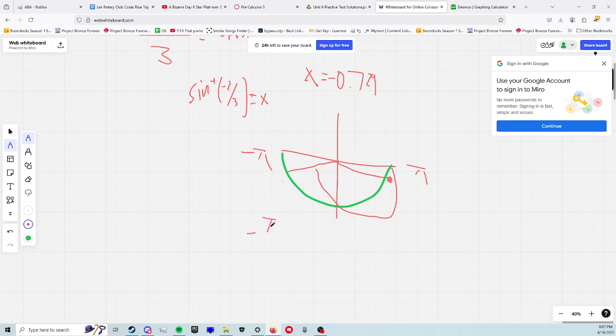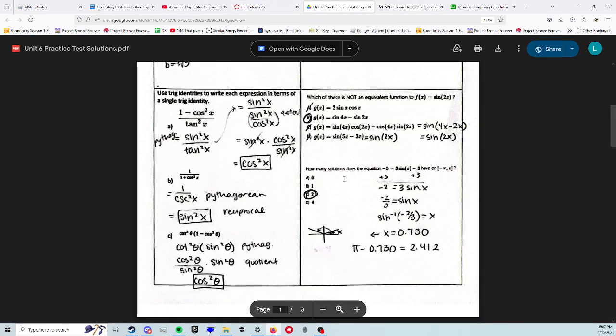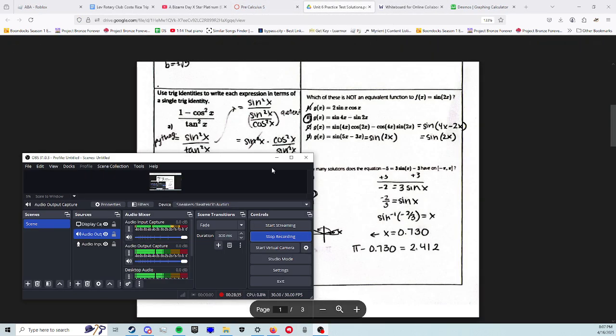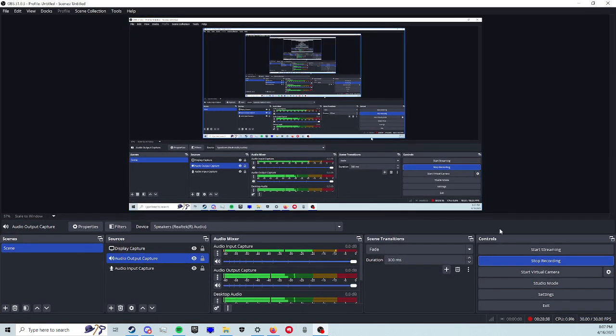So it'd be negative pi minus negative 0.729, or 7.3, whatever you want to abbreviate it to, and then that's how you solve it. But we know there are 2 answers available, so that's C. This is the first page. I'll go over more.